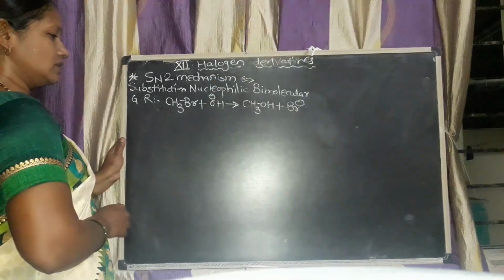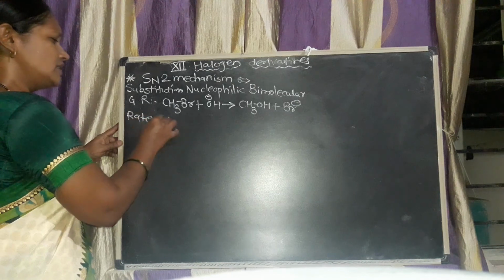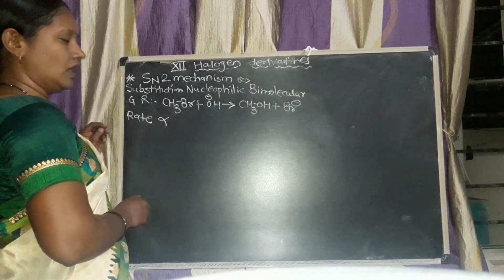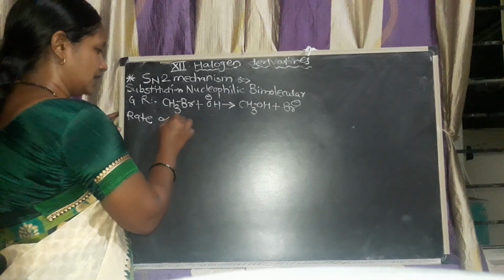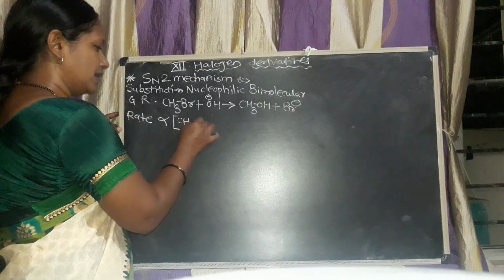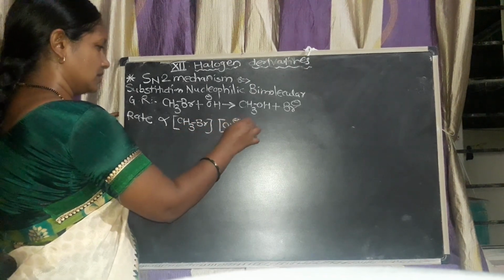Now in this one, the rate of the reaction is directly proportional to the two substrates, meaning the two reactants, that is, the molar concentration of methyl bromide and nucleophile OH minus.